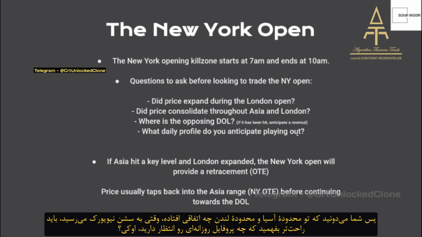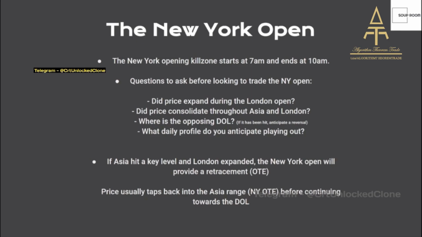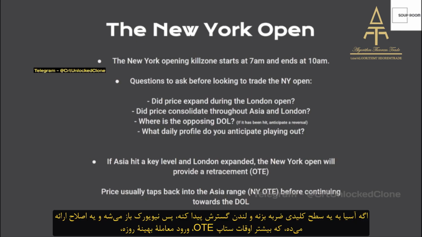It should be easier to understand what daily profile you are anticipating when you get to the New York session. If the Asia hit a key level and the London expanded, then New York will open and provide a retracement, most of the time being the OTE setup, optimal trade entry of the day.